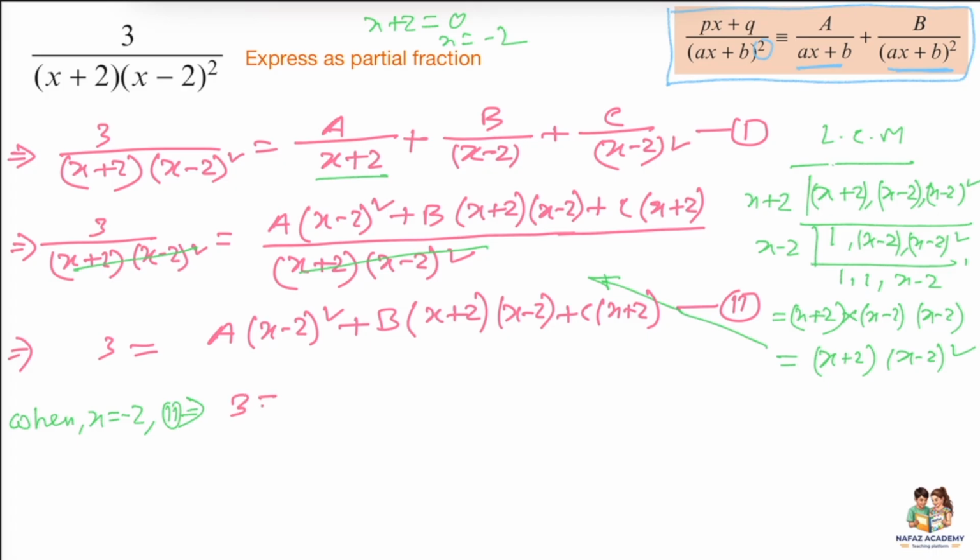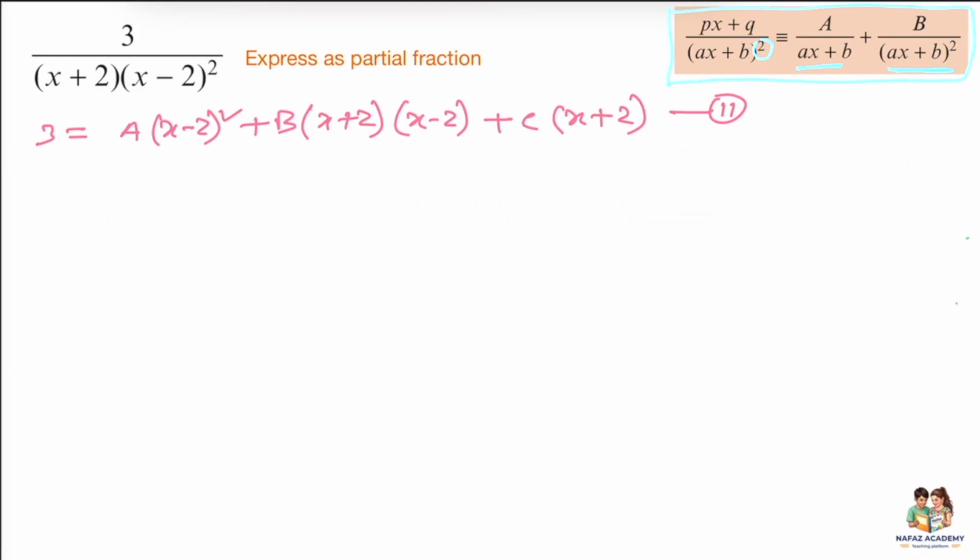What will be then? 3 equals, if you put x equals minus 2, the B part and C part must be eliminated, right? Must be 0. So it is 0 and this part is also 0. It is not necessary to show the calculation in the exam paper. Just write like this.